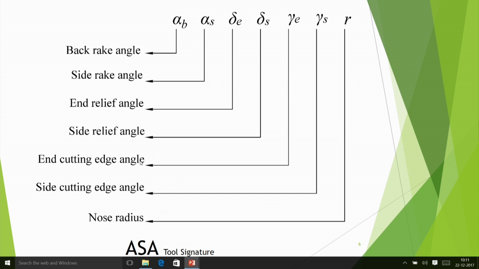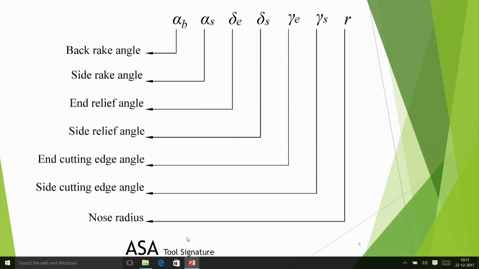And now in the ASA system, the nomenclature of the tool is called the tool signature. So we have the tool signature here. In the tool signature we have a proper system. I may not say which is what angle; I will just say that my tool designation is this, and I will write 6 quantities separated by dashes, and you will understand which one means what.